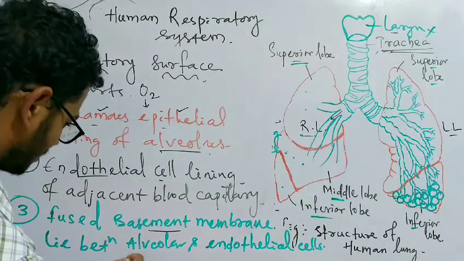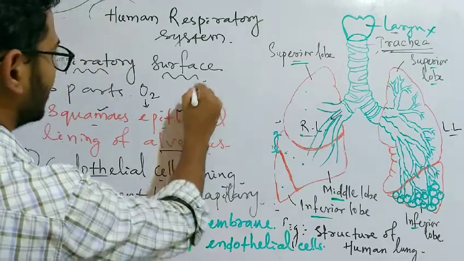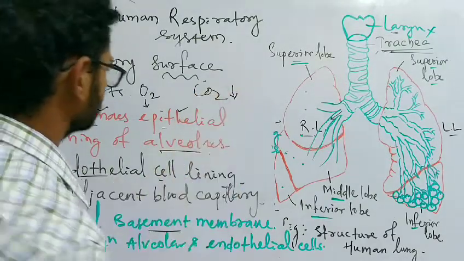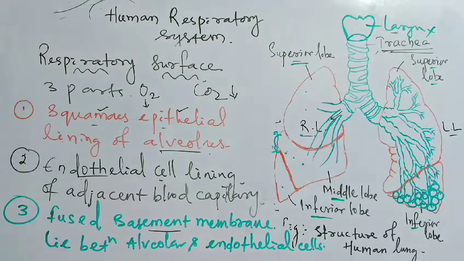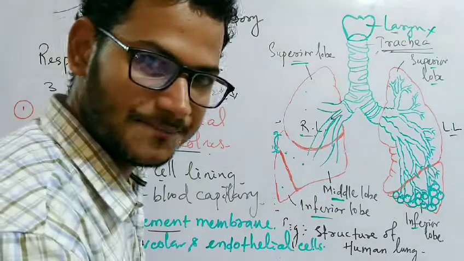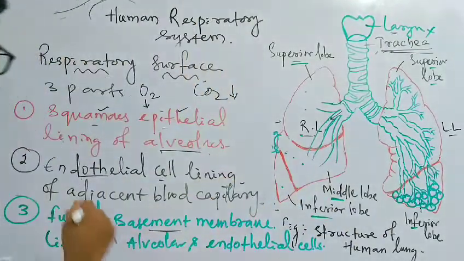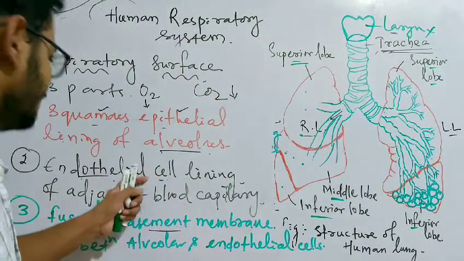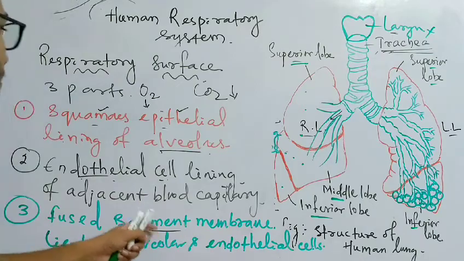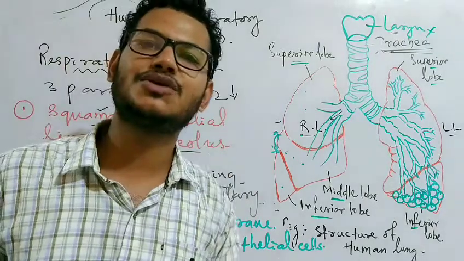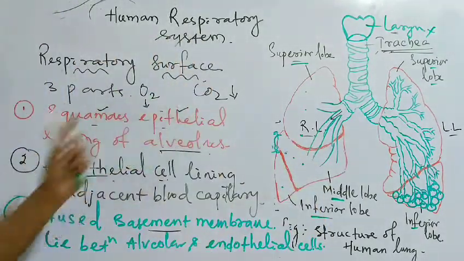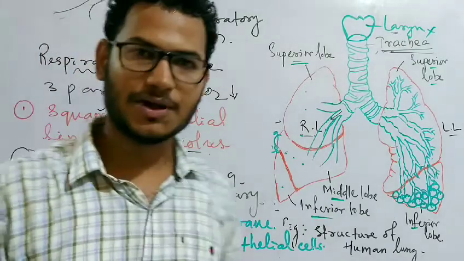Likewise, when carbon dioxide diffuses, it will first travel through the wall of the blood capillary, that is the endothelial cell lining, then the fused basement membrane, and finally the lining of the alveolus, that is the squamous epithelium, to reach the alveolus.